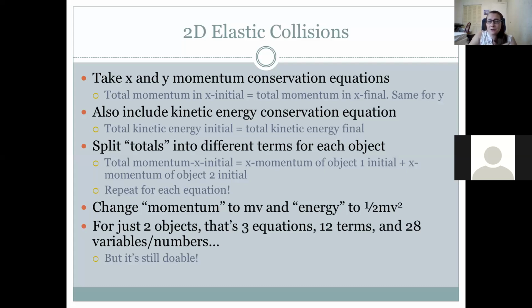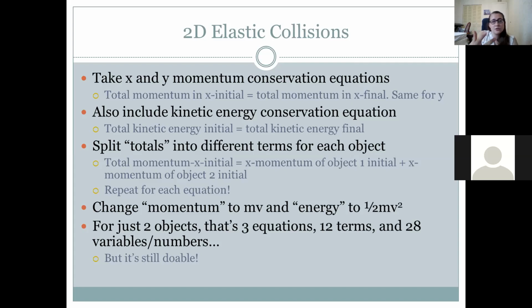And then we would also have a conservation of kinetic energy equation, where total initial kinetic energy equals total final kinetic energy. We split those into a term for each object. So if there are 2 objects, then the total momentum x initial is the x momentum of object 1 initial plus the x momentum of object 2 initial. And you would do that for each equation that you have. Then you'd plug mv in for momentum and 1/2 mv squared in for your energy.